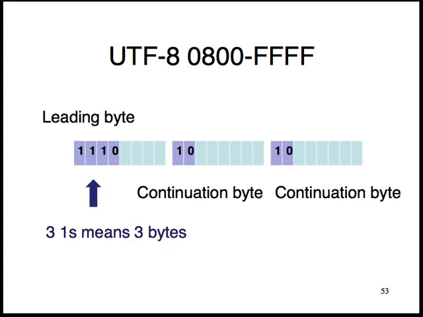Three ones here in the leading byte means that it's a 3-byte character, or 3-byte code point. So we'll carry on with that the next day, I think, because that needs a bit of time to sink in.